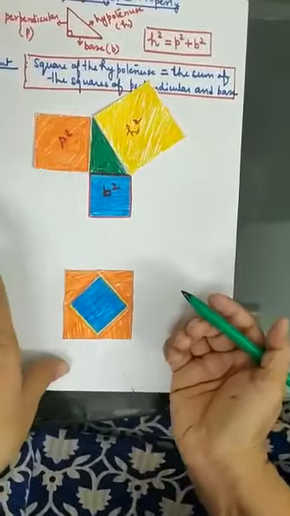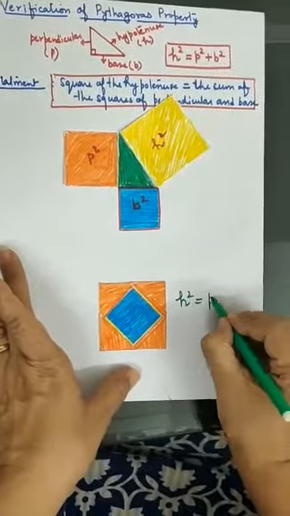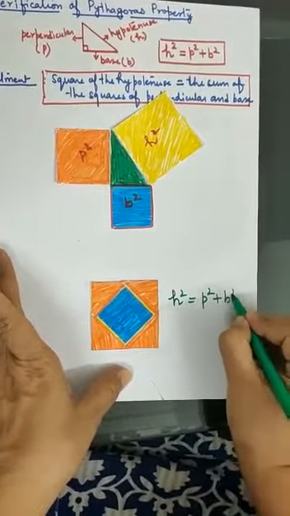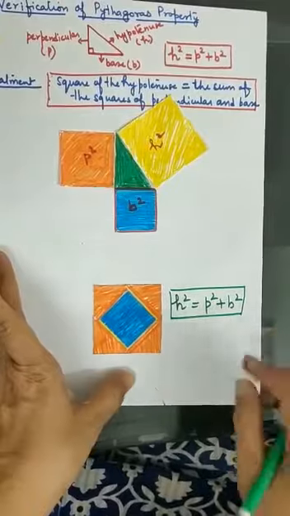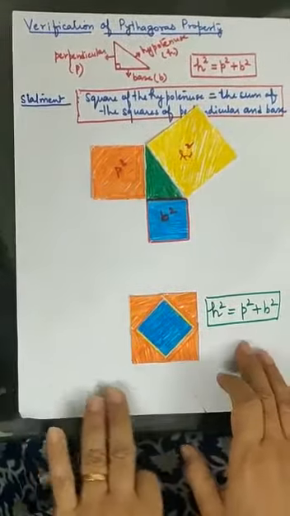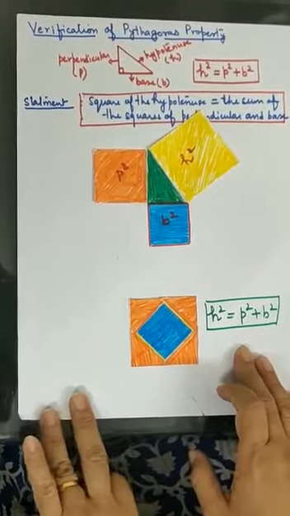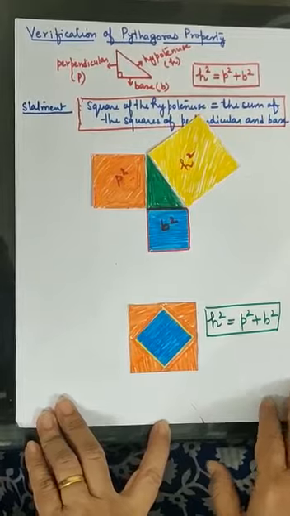Now yellow is not visible, so what do we see here? H square is equal to P square plus B square. So this is the verification of Pythagoras property. With this, I close my session. From next class, we shall start with the exercise based on Pythagoras property.